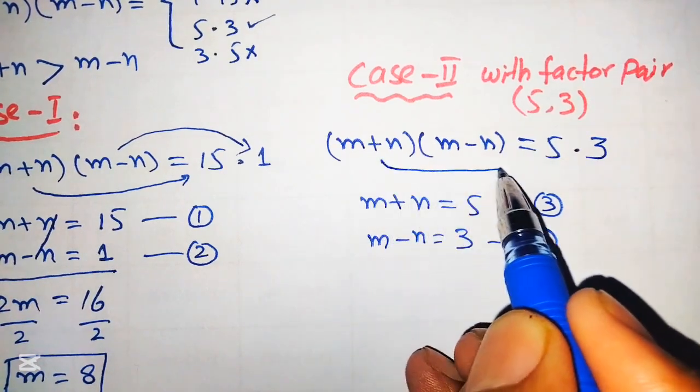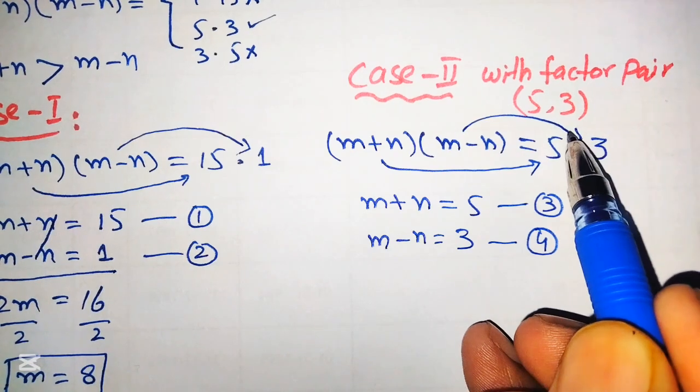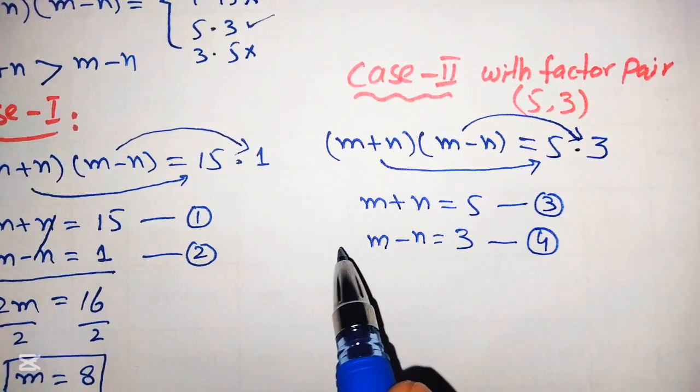Now to find the values of m and n, again we will add these two equations.